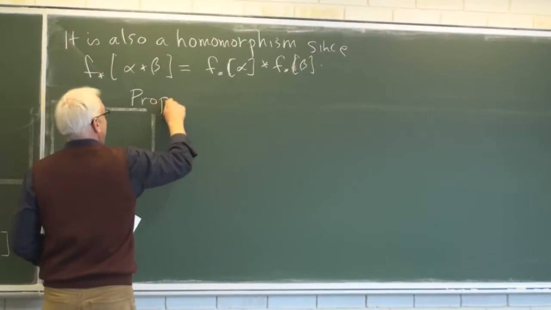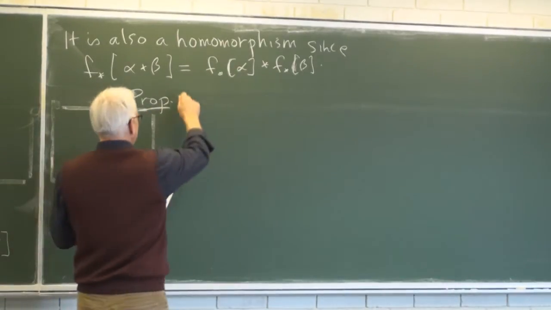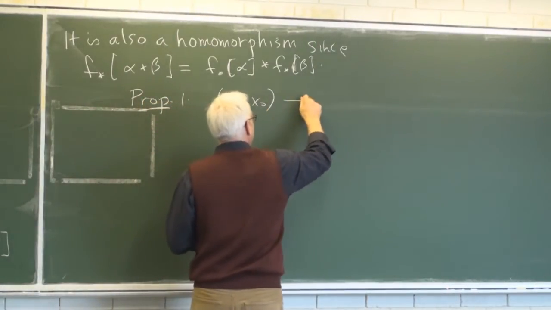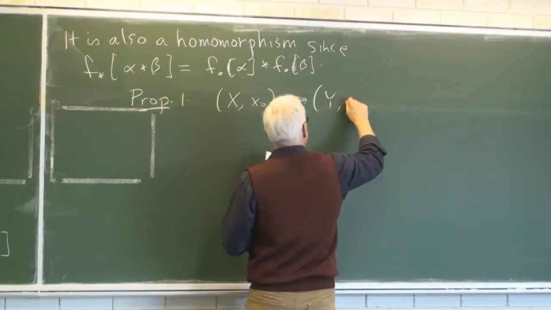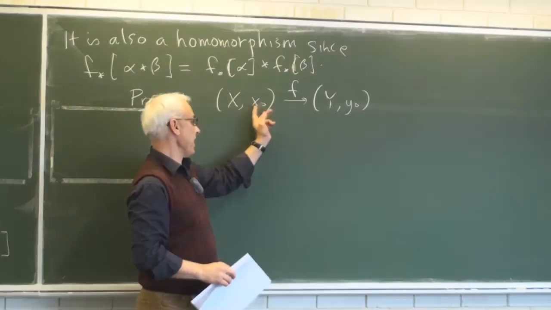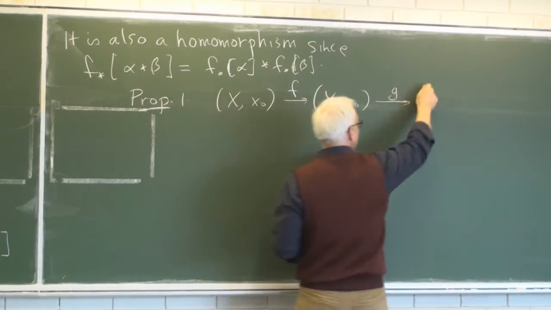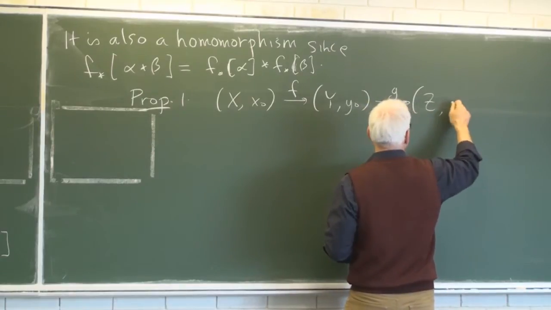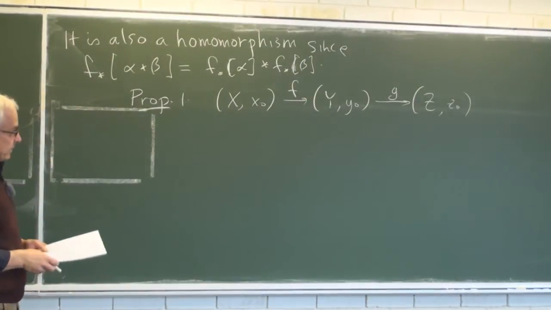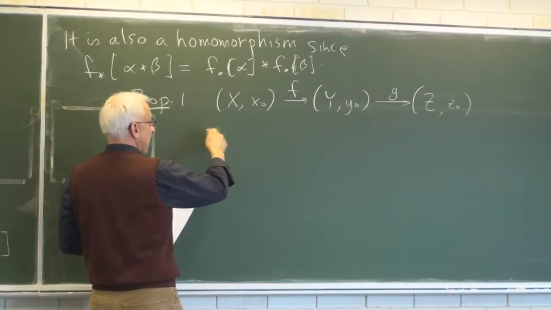So this homomorphism of fundamental groups has a few important properties. We'll just list two of them. So suppose that we have a composite of maps, say a map f from X to Y, sending x0 to y0, and then another continuous map, say g, to a space Z with a point z0. Well, in that case, we get induced maps.